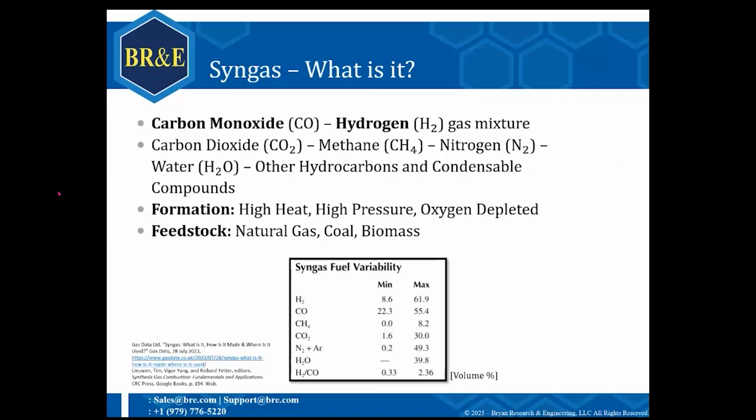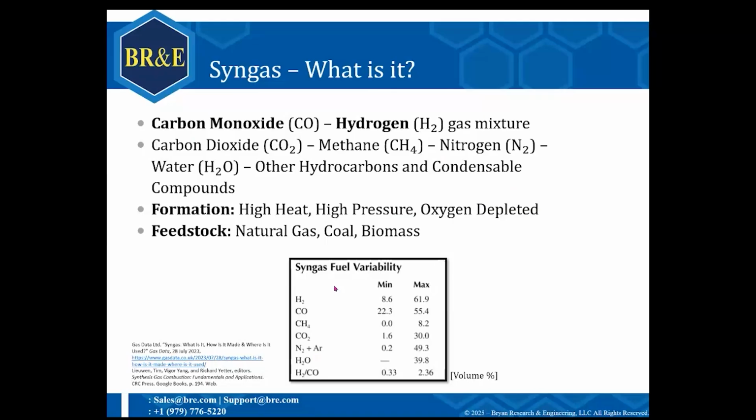Syngas is formed when carbon-rich feedstock is put in high heat, high pressure, and oxygen deficient conditions. Based on the feedstock which is used, the concentration of the mentioned components may vary.